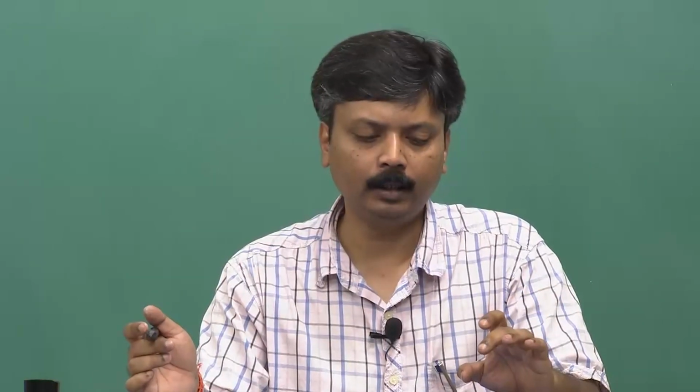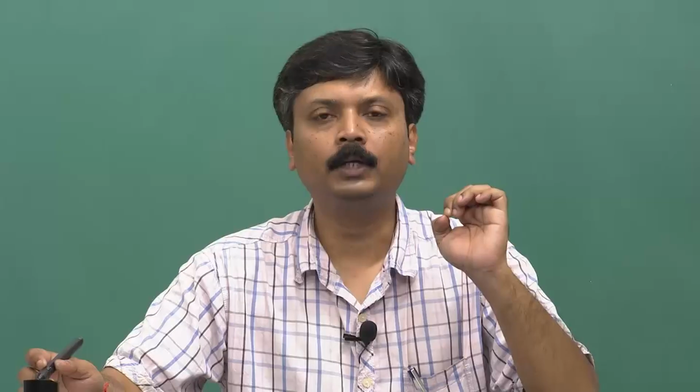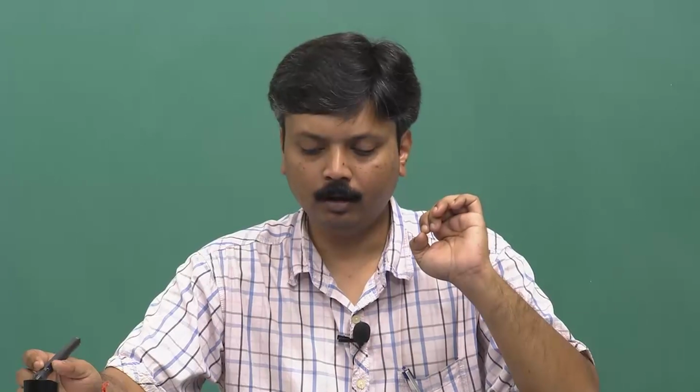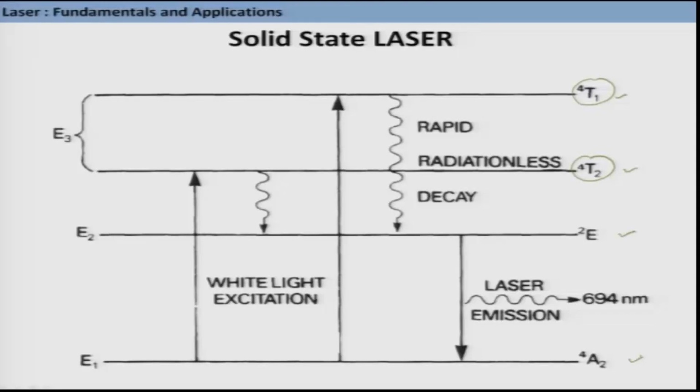Because these 2 states, 4F1 and 4F2, both decay very rapidly to the state 2E. So the initial excitation will take the molecule either to 4F2 or to 4F1, but both of them will rapidly decay to the state 2E, and this 2E is the metastable state.